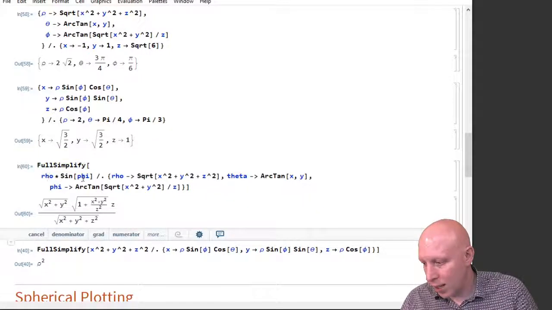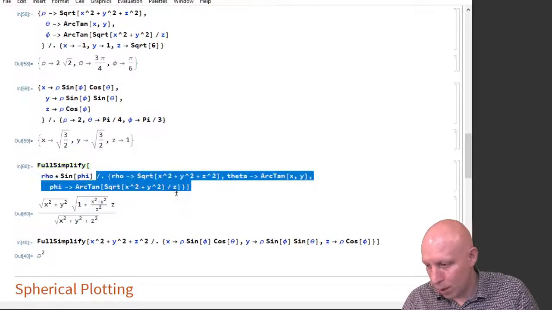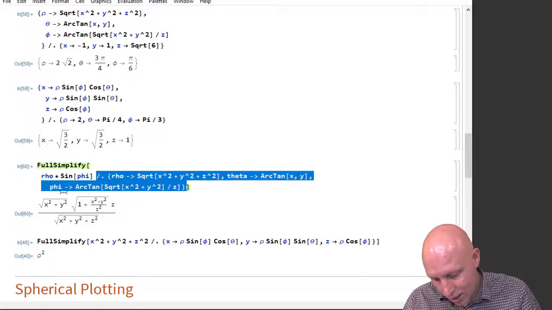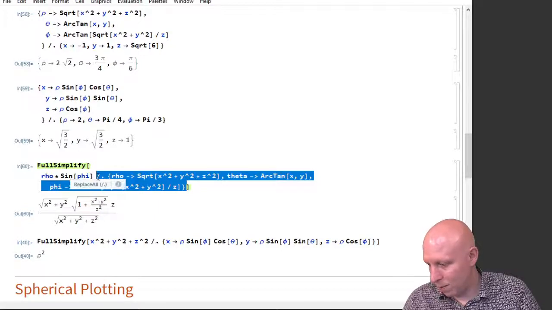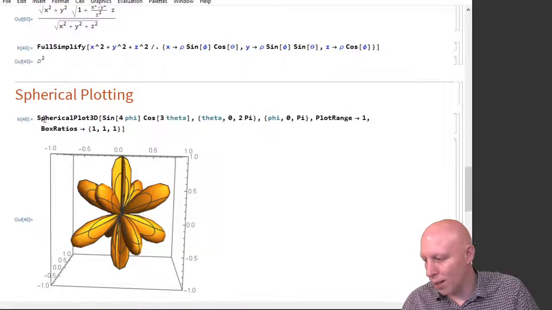If we put that in here and put all our simplifications in there, we get this expression, which is rather ugly. That's not being as helpful as I would hope it would be. So maybe that's telling us we should do a plot.